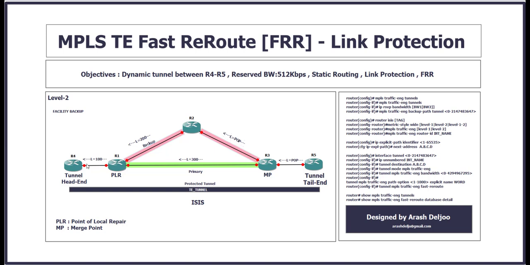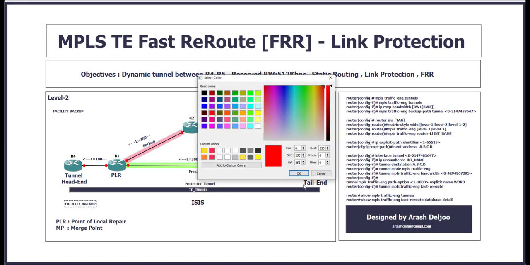You know that because the primary tunnel is now available, we are using only the primary tunnel to send the traffic. Let me show you, assume that this is the normal traffic. We can change the color of the normal traffic.